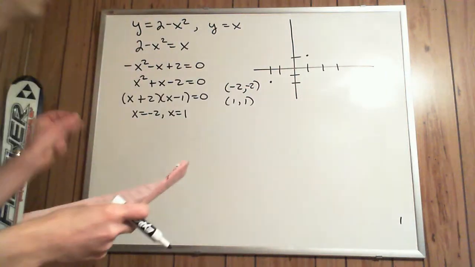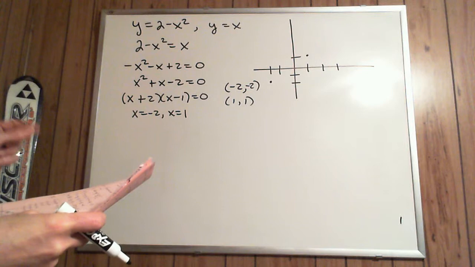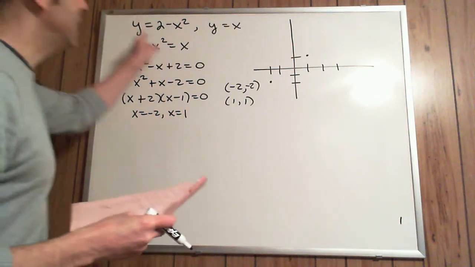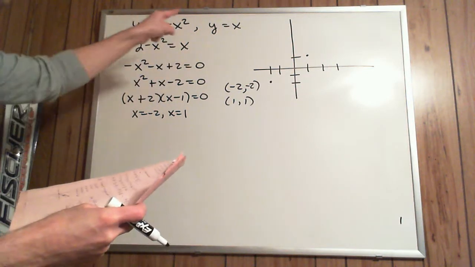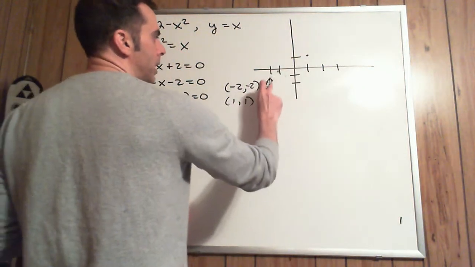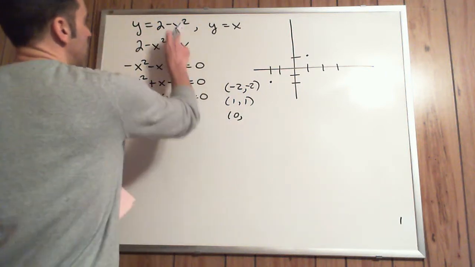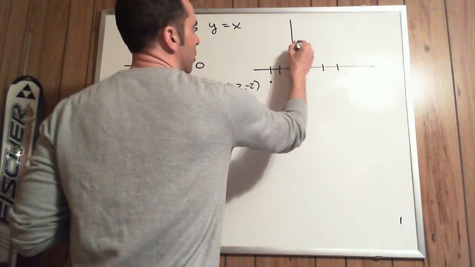So these are the two points where the graphs intersect each other. Now I have to pick one more x and put that into each function so I know what the graph looks like. If I pick an x in between negative 2 and 1, 0 is your easiest choice. So put 0 into this function and I get 2.